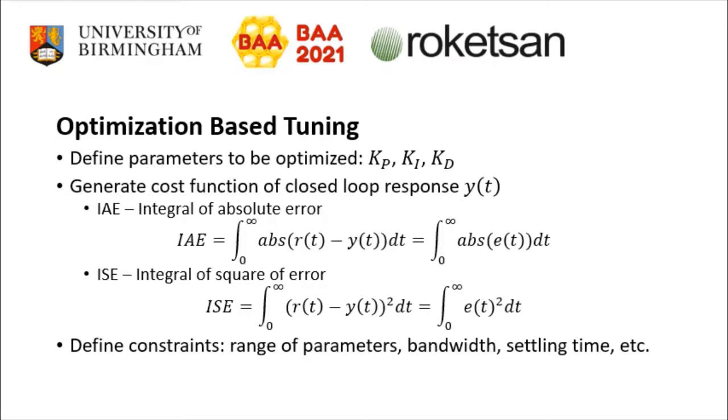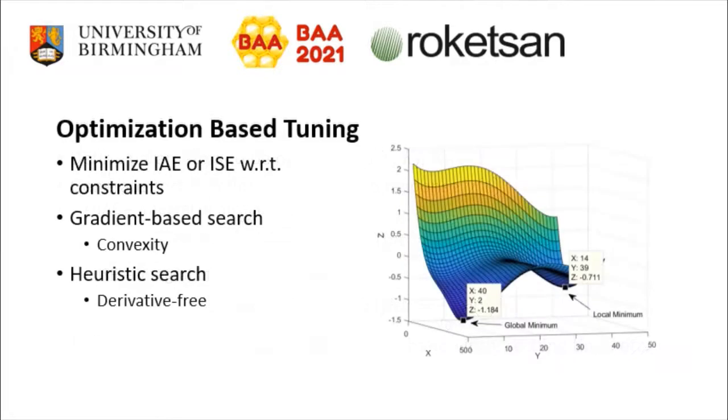At last, we may define the constraints of the problem which limit our search area. These can be a range of parameters, bandwidth, settling time, etc. And the algorithm part aims to minimize the cost under consideration of constraints.